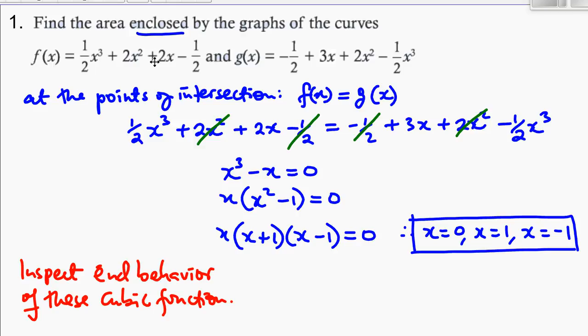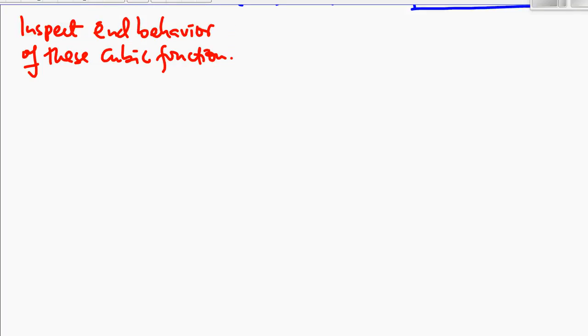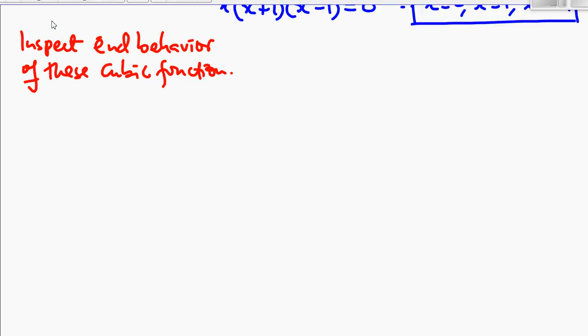If the second one has a negative leading coefficient, it means that it will start up and then go down. I don't have to draw the axes, I just want these graphs, so I'll draw how they look. So f of x, which has a positive leading coefficient, looks something like that.